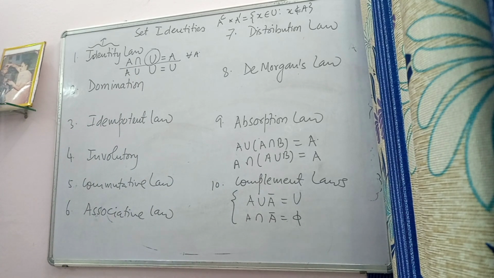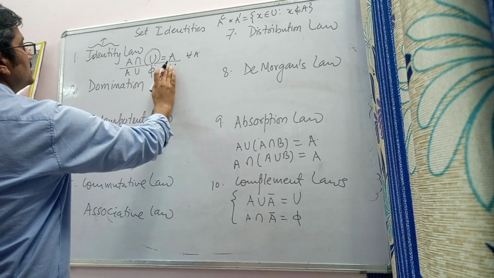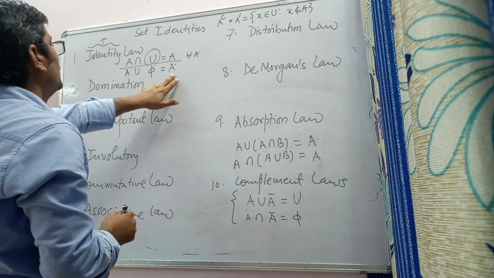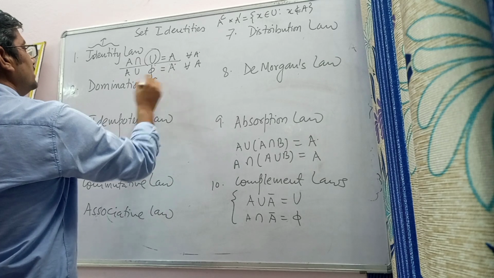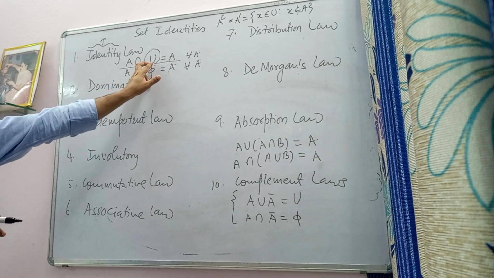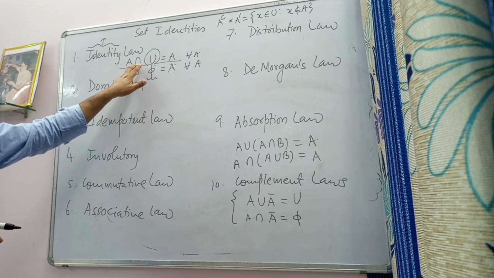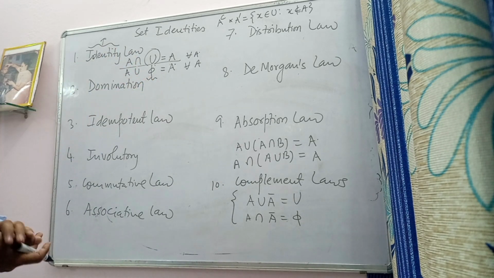Suppose you take A union phi, it is always A. This is always true for every A. So here the identity element is phi. So identity law means the universal set is the identity element for the intersection operation, and for the union operation phi is the identity element.